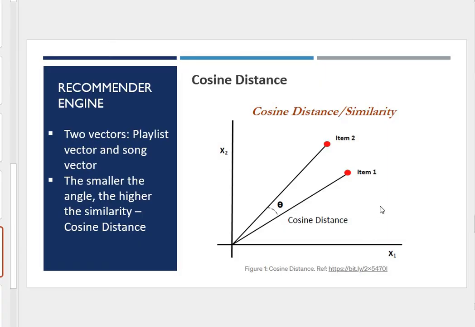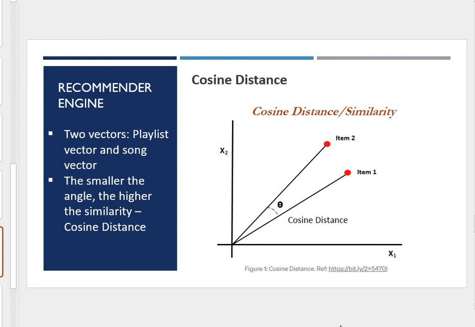So I would like to talk a bit about the cosine distance model. It has two vectors, one is the playlist vector and the second one is the song vector. The angle between the vectors gives the cosine distance, or similarity.